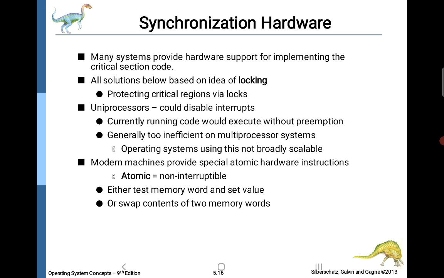If we have a single process, we can simply disable interrupts. We will not allow an interrupt to happen to a process while it's running in its critical section. So this part of the process will be executed without preemption.